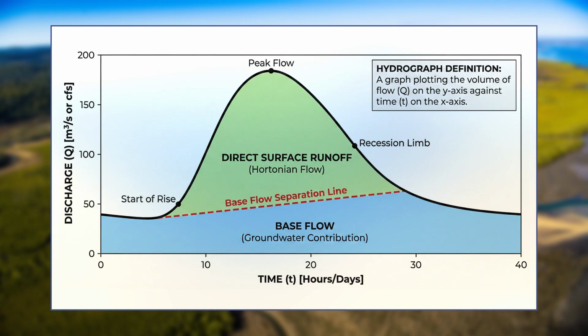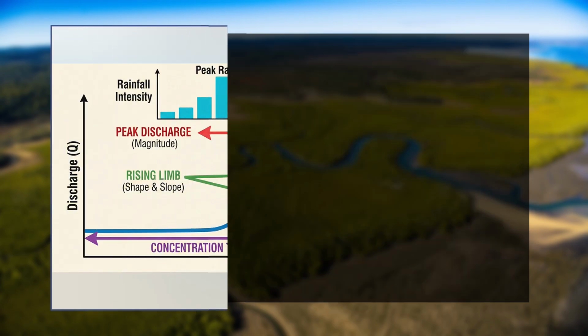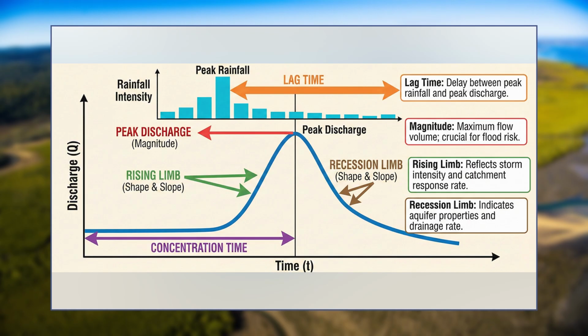The shape is defined by several properties, specifically its lag time, which denotes a delay in time between peak rainfall and peak discharge. Other parameters include the magnitude of peak discharge, the concentration time, the shape and slope of limbs.